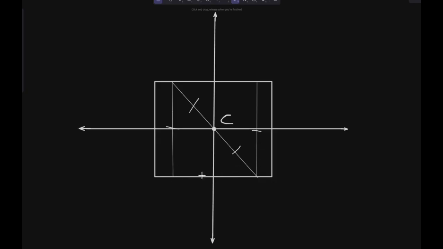We also know that this length has to be the same as this length here. And we obviously know that this line is congruent to itself. So by the side, side, side theorem, these 2 triangles have to be congruent. Alright, so now we know that these 2 triangles are congruent, but how do we prove that these 2 rectangles are congruent here?